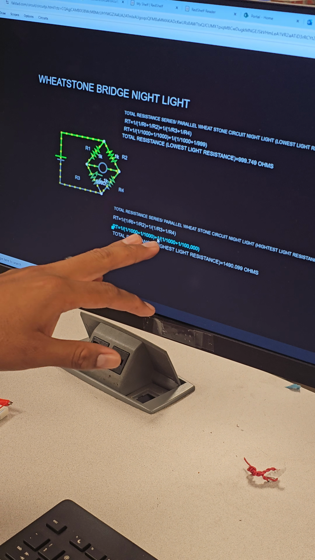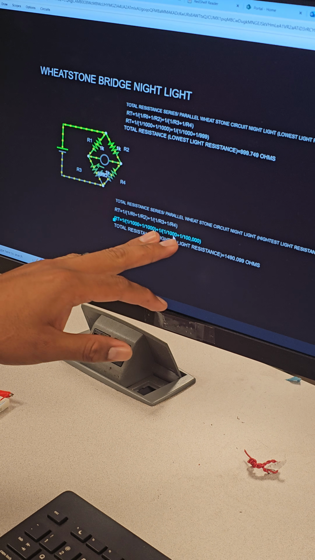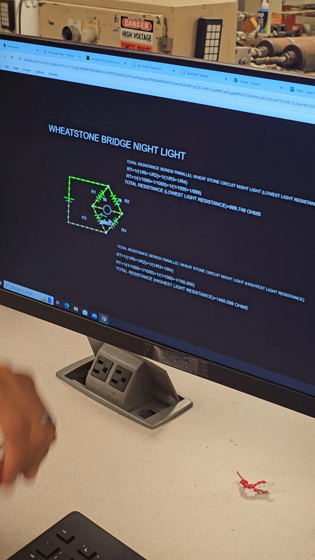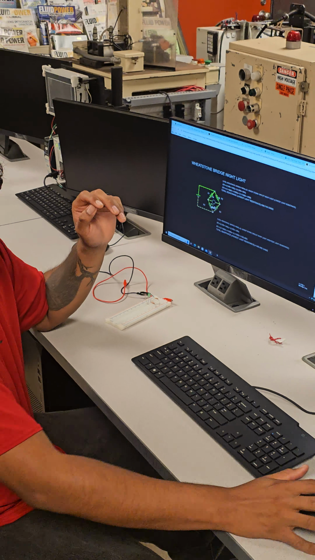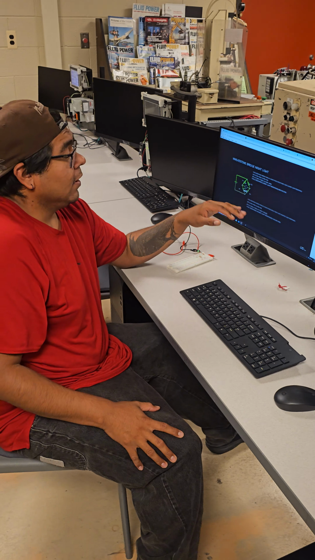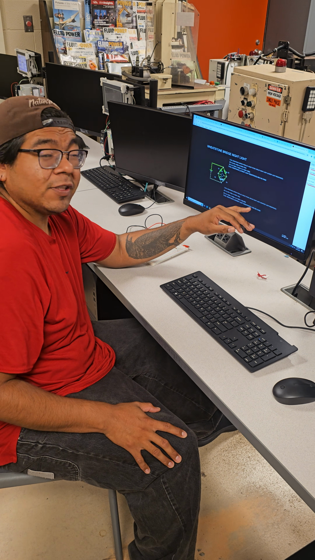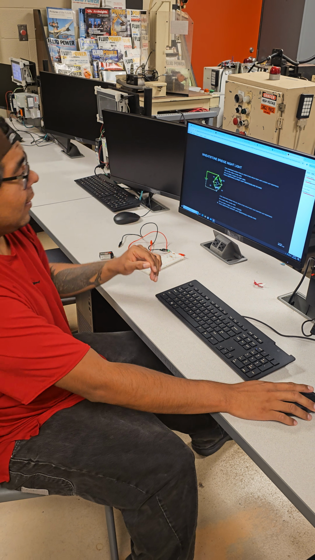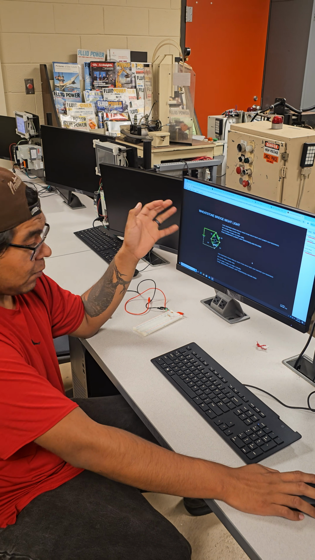Plus 1 divided by (1 divided by 1000 plus 1 divided by 100,000), which would be this side if I was to put it all the way to this end. When you do the math all over again, you will end up with a total of 1,490.099 ohms.